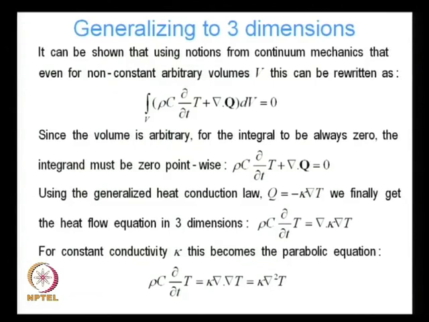So, I get kappa times divergence of gradient of T, which is nothing but the Laplacian of T. So, rho C del T by del t is equal to kappa times Laplacian of T, which becomes my heat conduction equation in 3 dimensions.